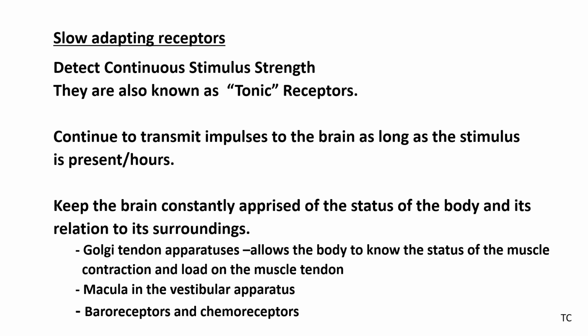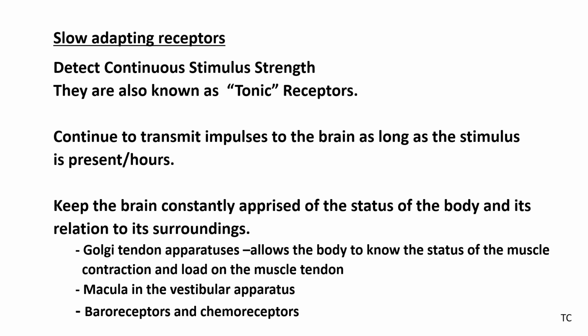It could be hours, days. They keep the brain constantly informed of the status of the body and its relation to its surroundings. Examples of the slow adapting receptors include the Golgi tendon apparatuses, the macular and the vestibular apparatus, the baroreceptors, and the chemoreceptors.